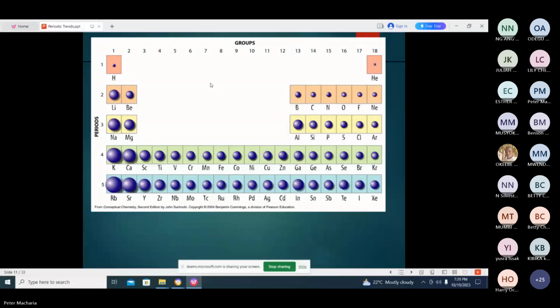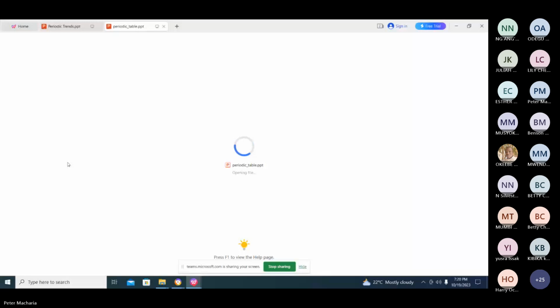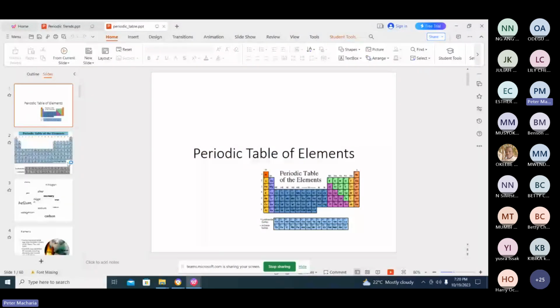Let me go to the usual periodic table, the way it is represented. This is now usually how you get your periodic table, isn't it?